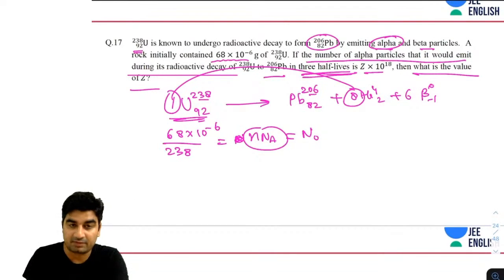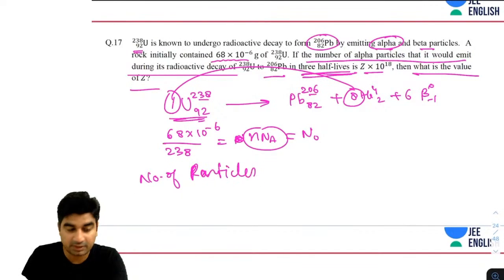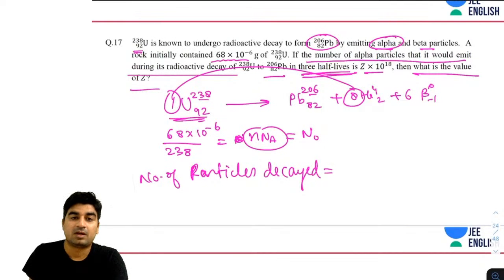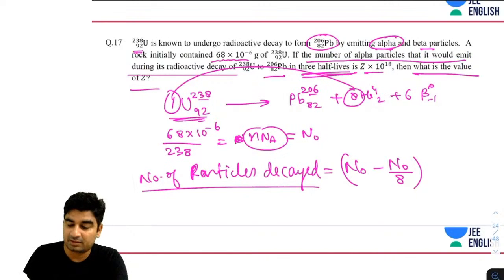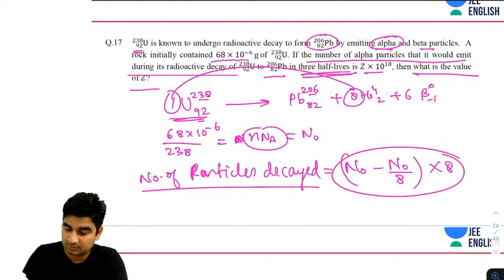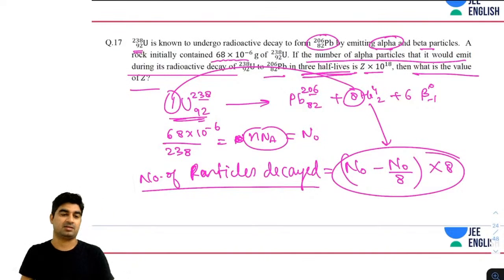So after 3 half-lives, number of particles decayed. How many will be left? You can find out N naught minus N naught by 8 after 3 half-lives. So once you get the number of particles decayed, just multiply your answer by 8. You will be getting the number of alpha particles.